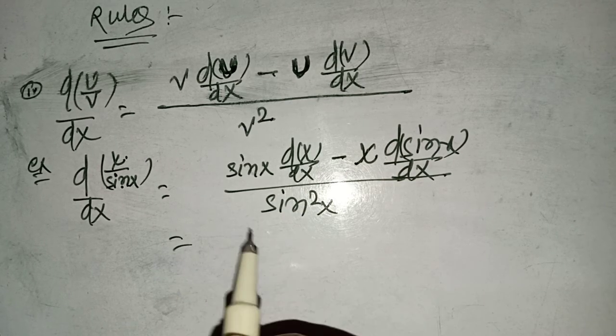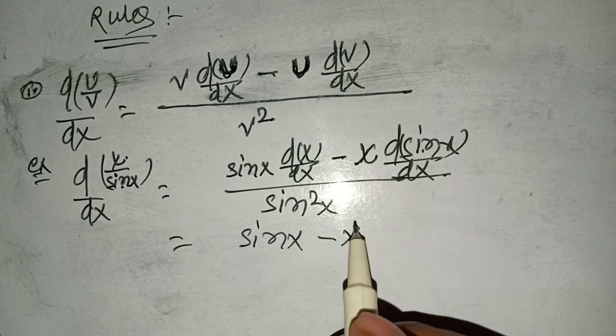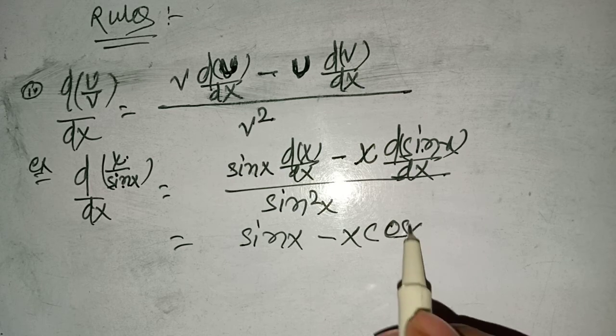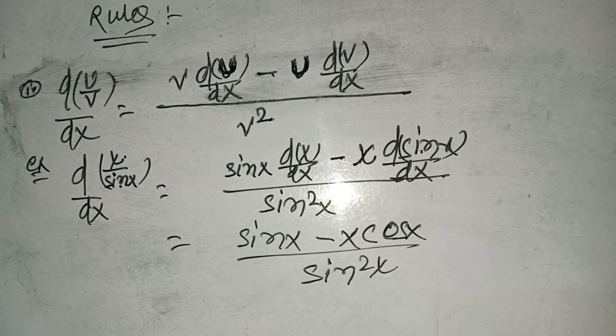So here it is sin x minus x cos x, since the differentiation of sin x is cos x, all by sin square x. Understand? Okay, right.